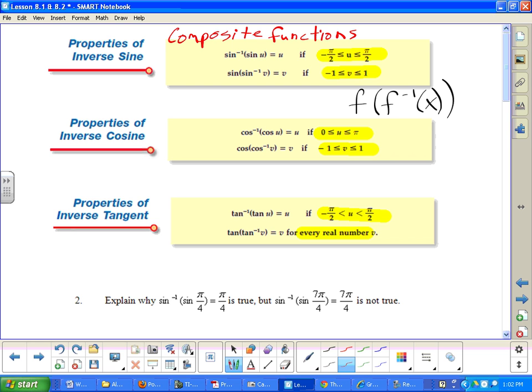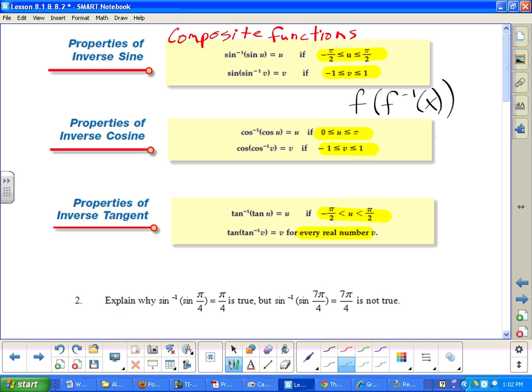If you remember when we did composite functions, if we did a composite function of a function and its inverse, if they were truly inverses of each other, it equaled x. And so the inverse sine of sine u should equal u. The sine of the inverse sine of v should equal v.